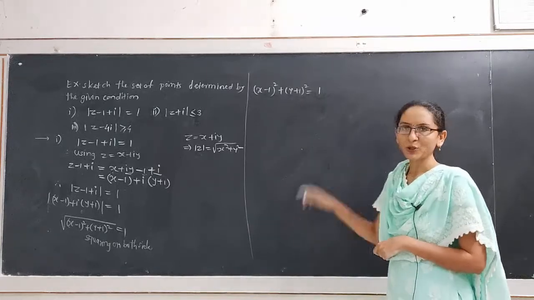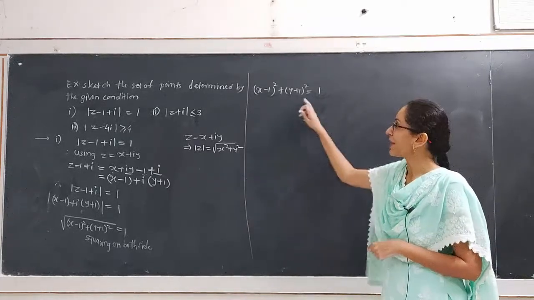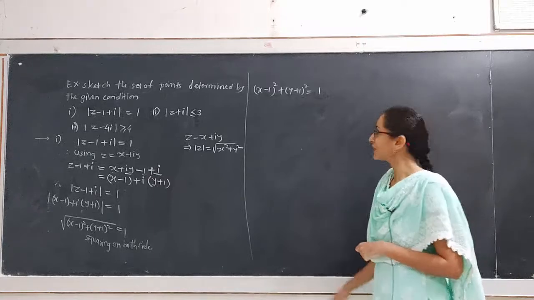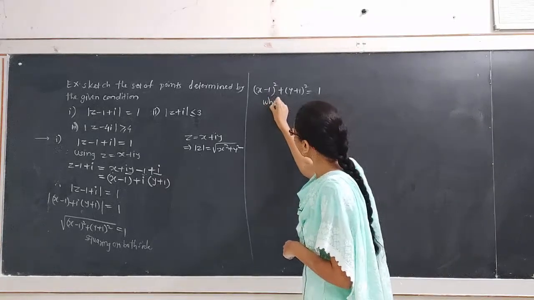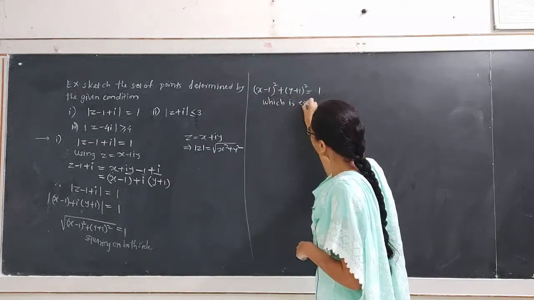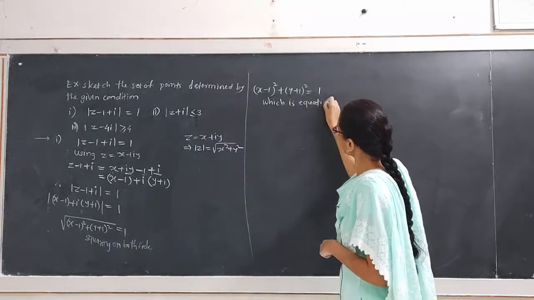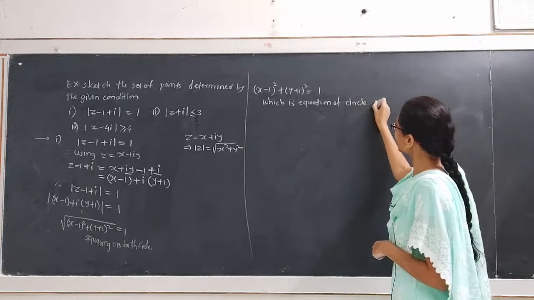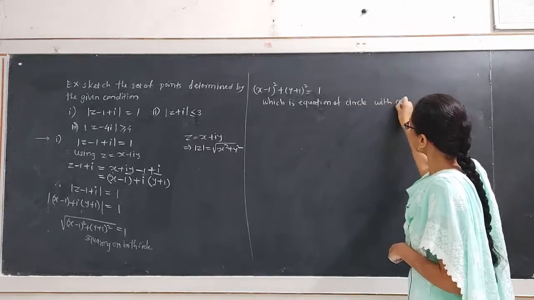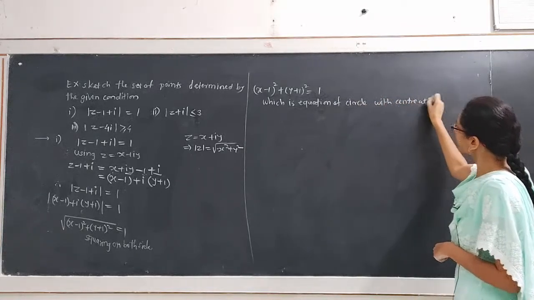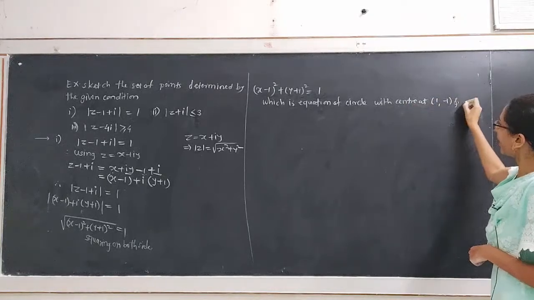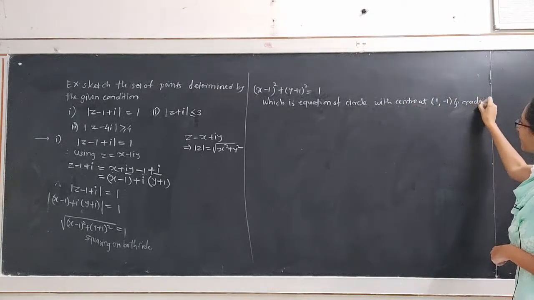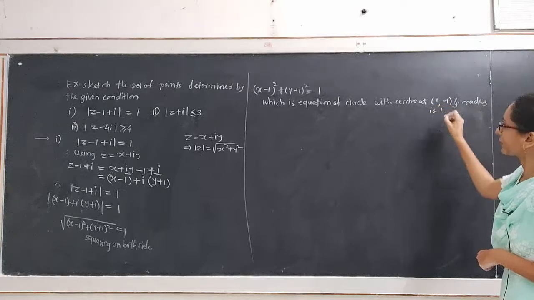We know this is the equation of a circle having center at 1, minus 1 and radius equal to 1.